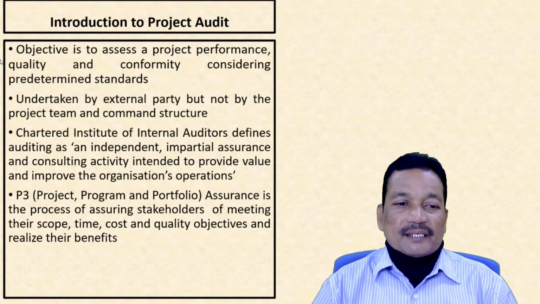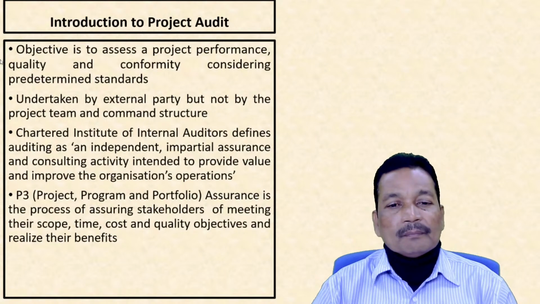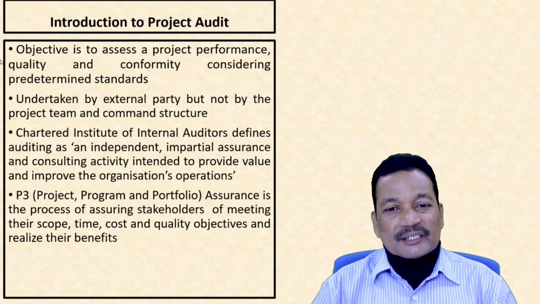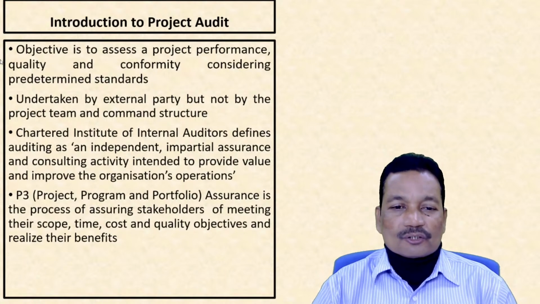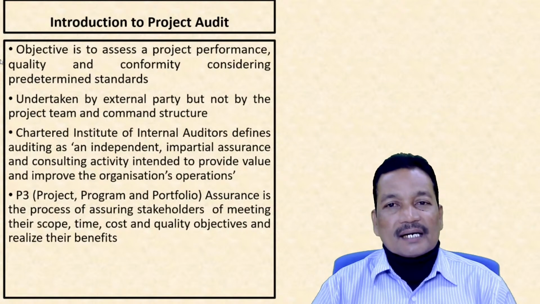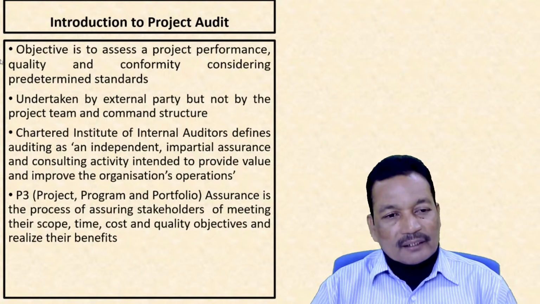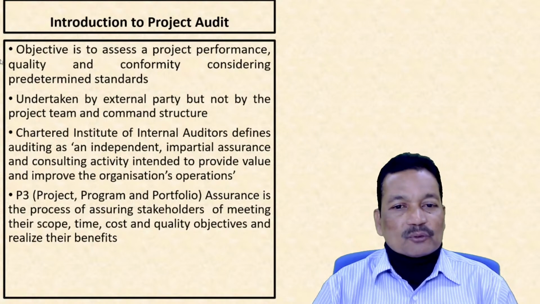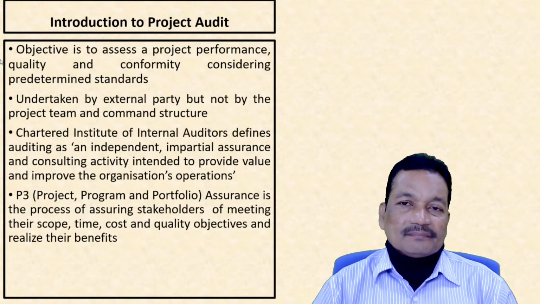The P3 assurance. What is P3? The project, the program, and the portfolio is the process of assuring stakeholders of meeting their scope, time, cost, and quality objectives and realizing their benefits. Here we are talking of a project. We know that a project consists of a number of activities.